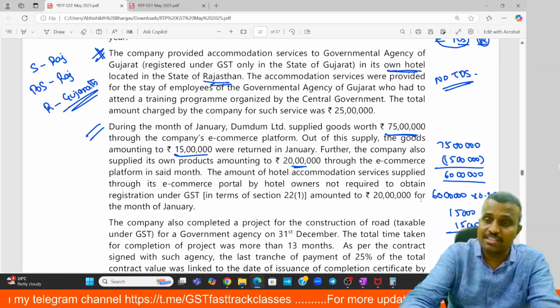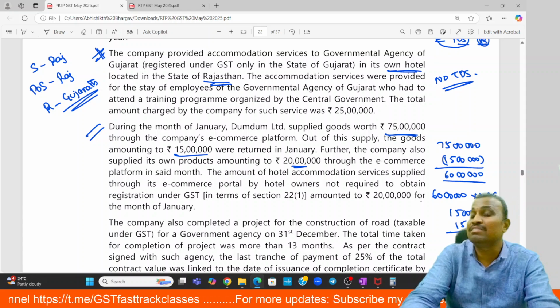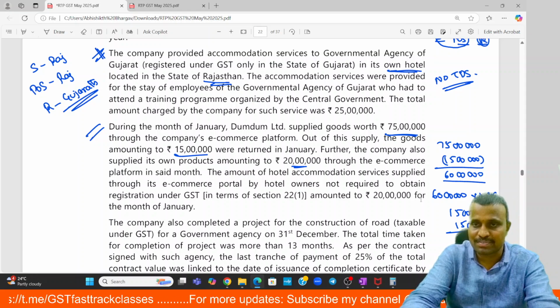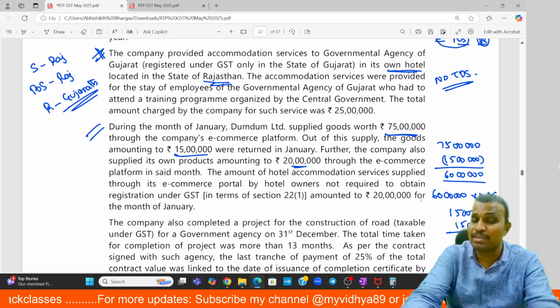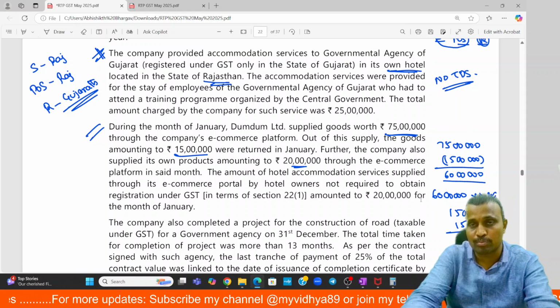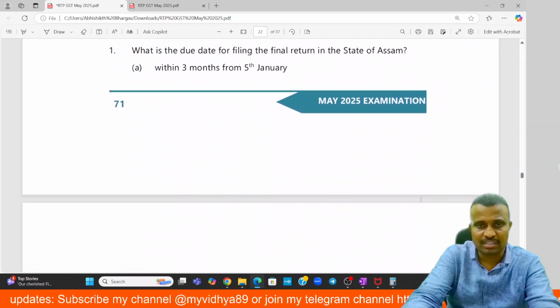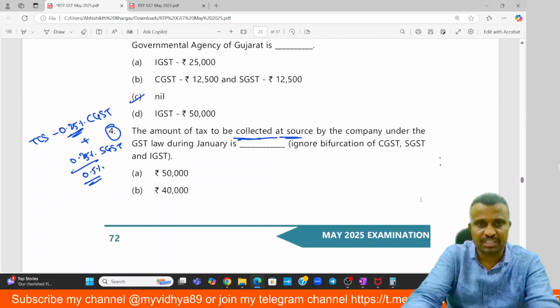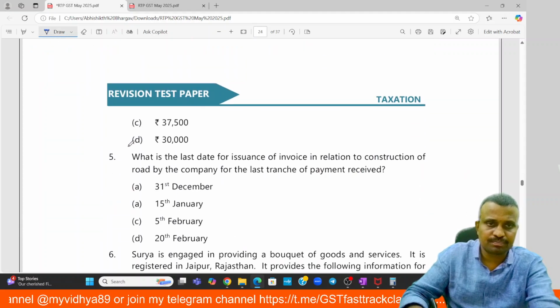Understood? TCS should be collected at 0.25% of the net value of taxable supplies. The net value of taxable supplies is the total taxable supplies made through the ECO, other than their own product, minus returns if any. So how much? 30,000. So the answer is D.